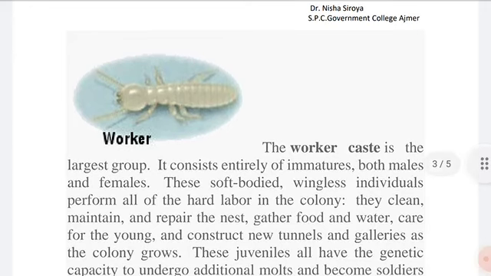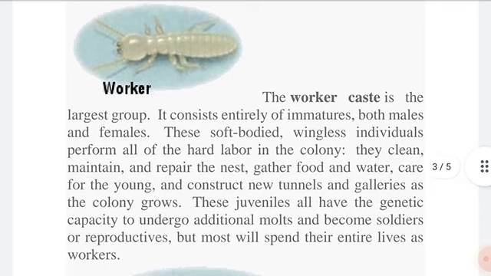So first of all, the first category is worker. The worker caste is the largest group. It consists entirely of immature individuals, both males and females, and these soft-bodied, wingless individuals perform all of the hard labor in the colony.